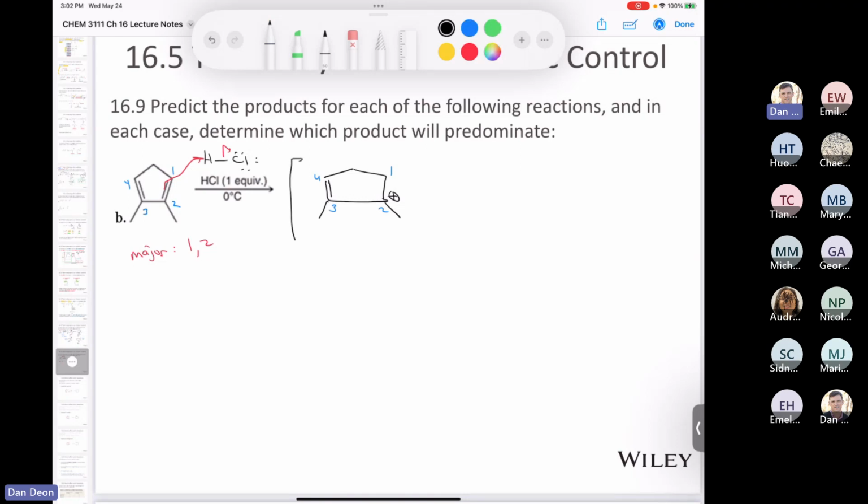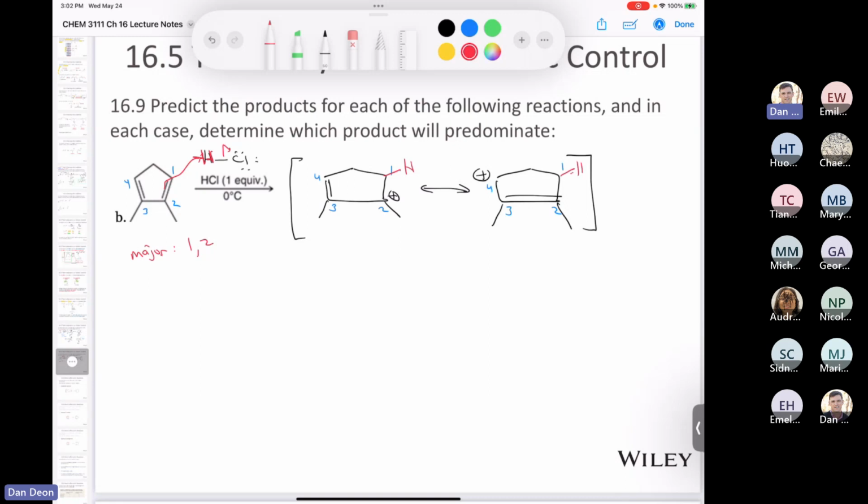Now we're going to draw the resonance form. I'm not even going to draw the curved arrow. I'm just going to draw it because I'm assuming you know how to do it by now. So we end up with something that looks like this. We have our positive charge over here. So now if we write in the carbons, we have 1, 2, 3, 4, right? The proton, if I highlight this proton in red, the proton was added at carbon 1.